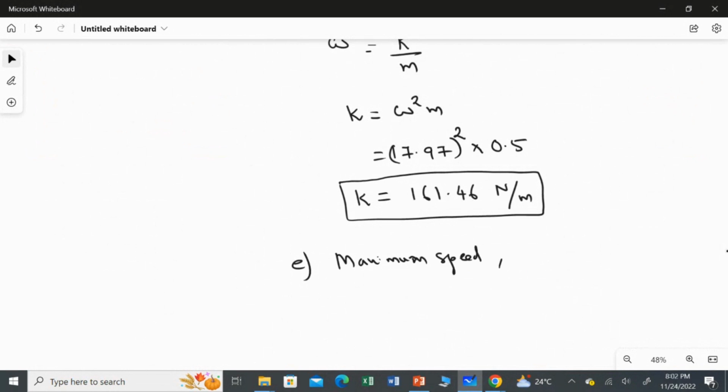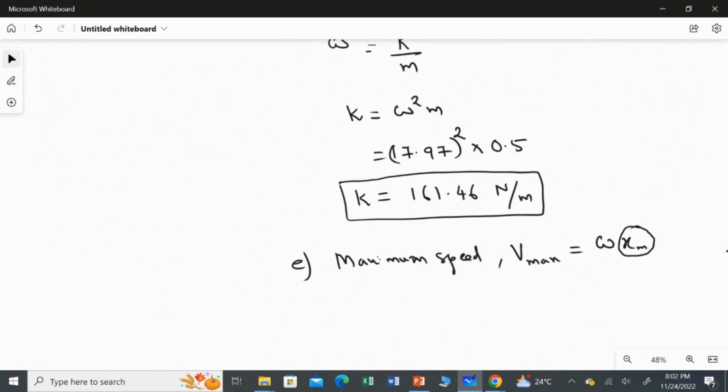The maximum speed is given by the relation v max, which is equal to angular frequency multiplied by xm, right? So what is this xm? Xm is nothing but its amplitude. In the question they mentioned its amplitude is 35 centimeter.